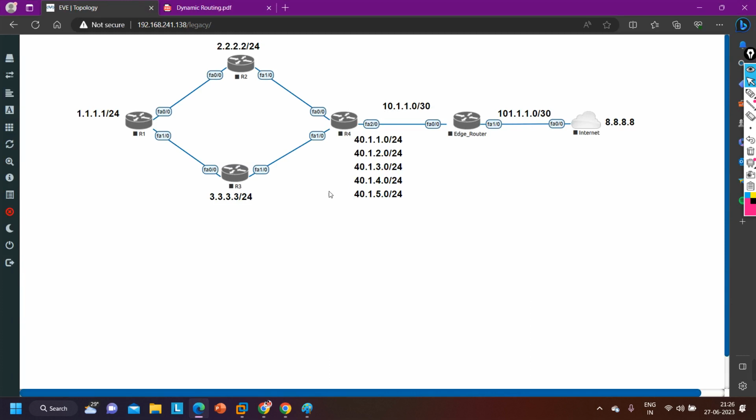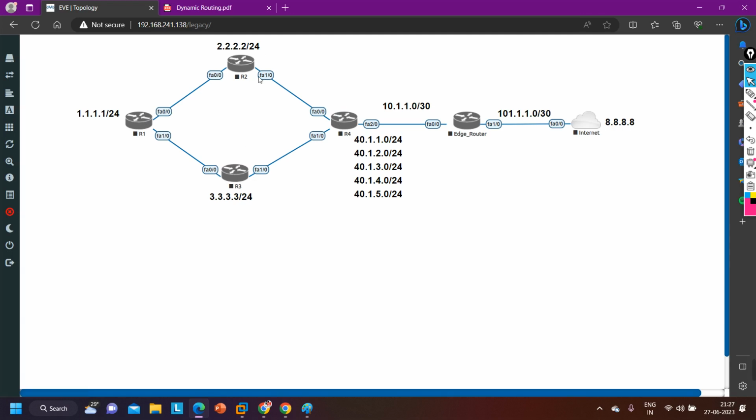And see, in this topology we have some network on router number 4, right? And I will advertise this network on router number 4. So router 4 will advertise it to router 2 and router 3, and both routers will advertise to router number 1. So what will the router perform for this network?